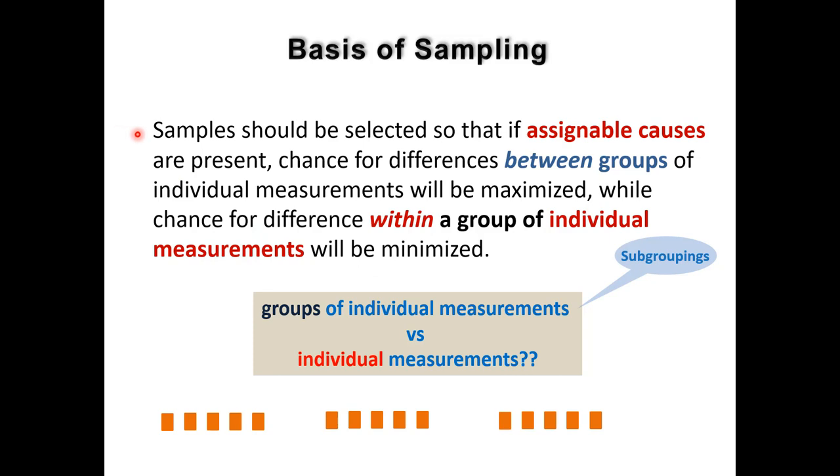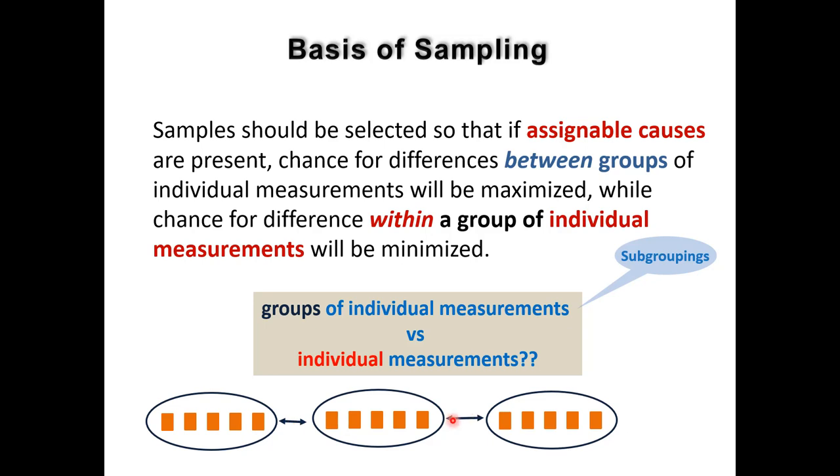So for you to be able to identify the presence of assignable causes, you have to ensure that differences between groups are maximized. For example, you collect a set of sample observations at one point of time. The differences between these groups should be maximized, while the difference within individuals should be minimized.